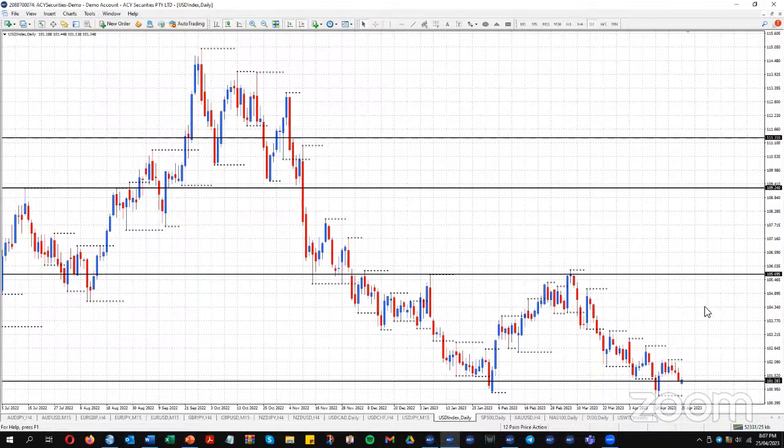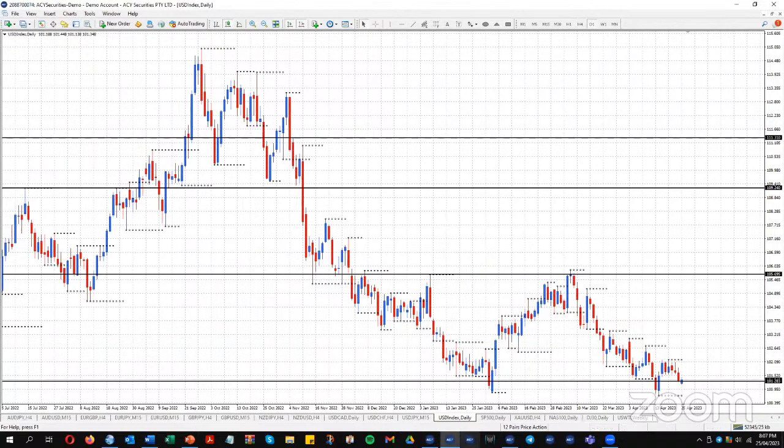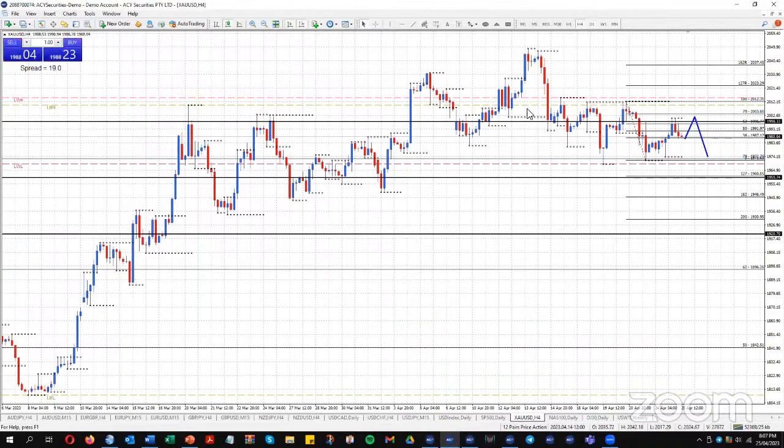Barry is saying there's rising support on gold from the 21st of March. Well, let's have a look. Go back to gold. And now I'm opening another set of charts I don't want to do. All right, rising line of support from there.